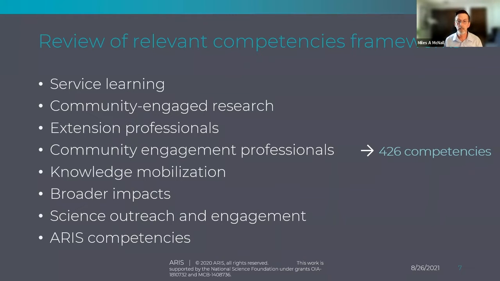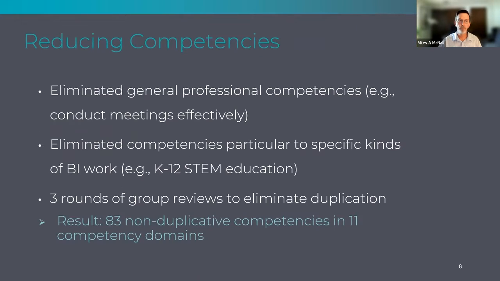That's based on Lena Distilio's work, knowledge mobilization, broader impact, science outreach and engagement, and also a start list of competencies that members of the ARIS leadership and training team had developed. And as a result of that extensive literature review, we ended up with this gigantic spreadsheet with 426 competencies, many of which were duplicative.